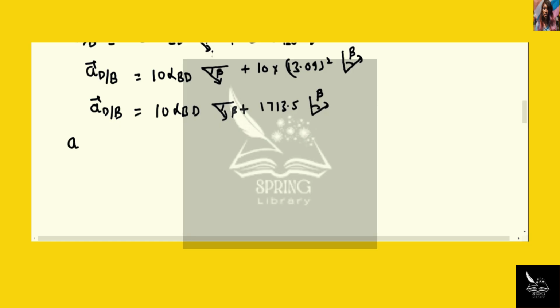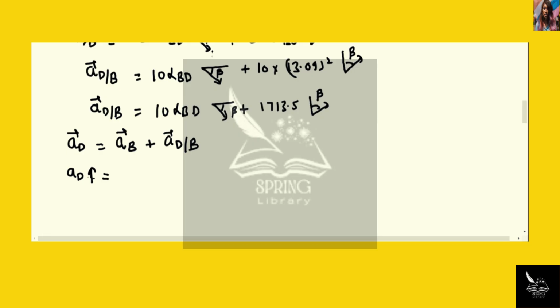Now you can find the acceleration of D, which would be the acceleration of B plus the acceleration of D with respect to B. The acceleration of D is AD in this direction. Sorry, I have marked the direction wrong. It is in this direction.